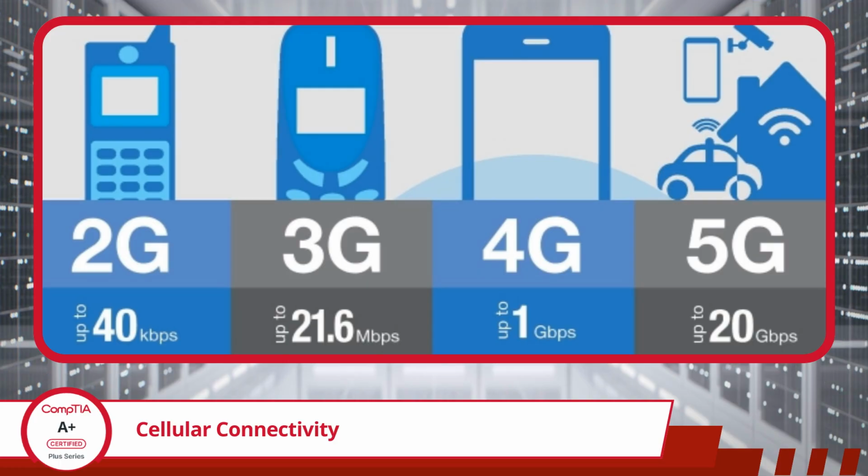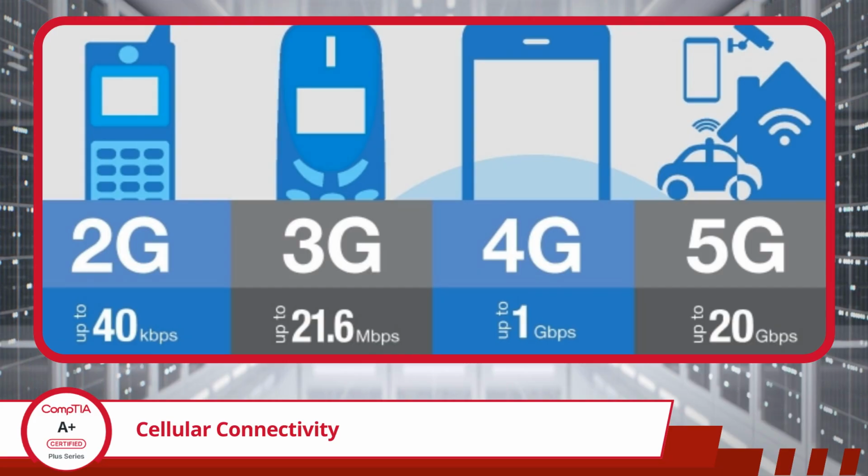The arrival of 4G, or fourth generation, marked a major shift in mobile connectivity. With significantly higher speeds and improved performance, 4G enabled high-definition video streaming, online gaming, and many of the mobile applications we rely on today. 5G, or fifth generation, builds on this foundation by offering even faster speeds, increased capacity, and much lower latency.